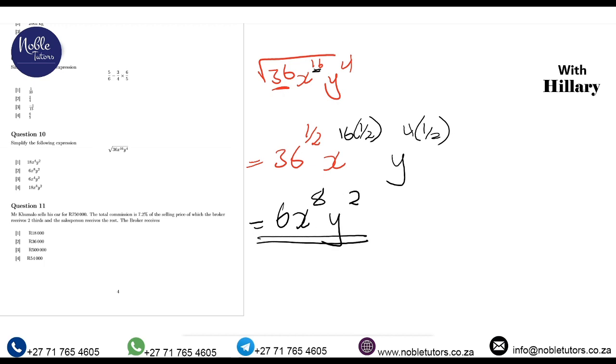So what you need to remember is x to the power 16: 16 is an exponent, and x is a base. So we are saying, as long as you are looking for a square root of an exponent, you multiply that exponent by half.